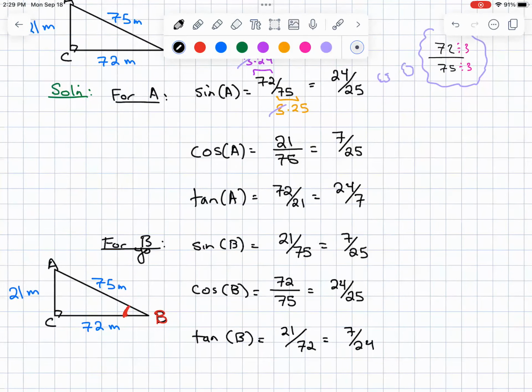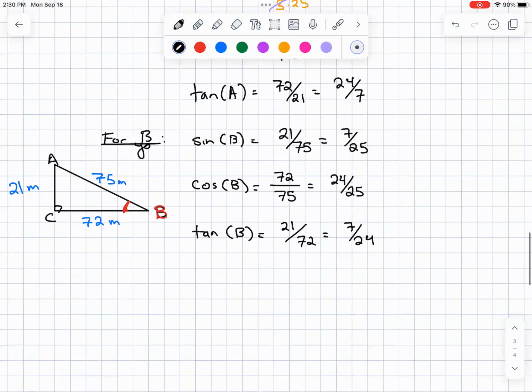So that's how you find the trigonometric ratios. Now, the reason for it, this is in the other example, and then we'll explain why we're studying it. Example: unless there's any questions on that problem.